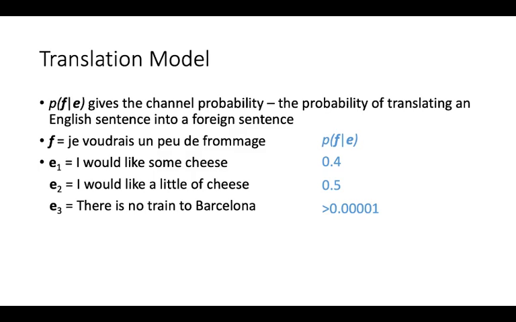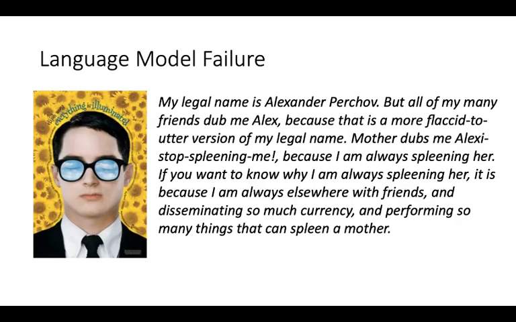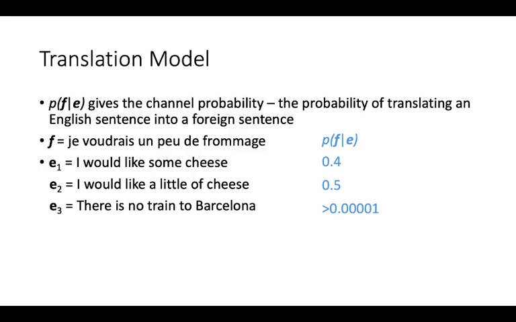For the translation model, for example, here we have a foreign sentence in French, and there are three possible translation outputs here.